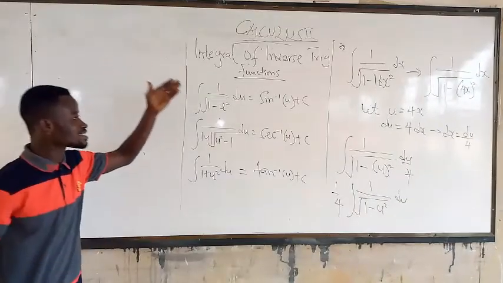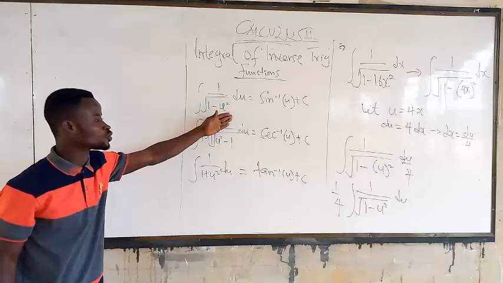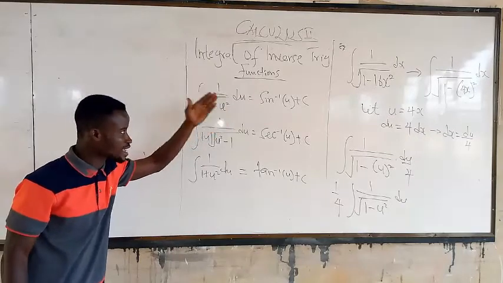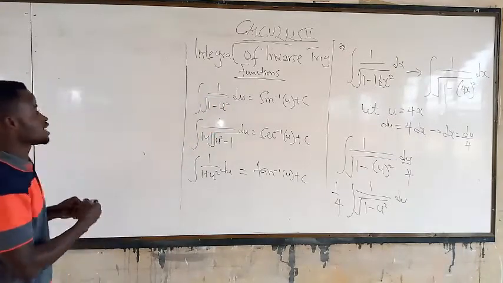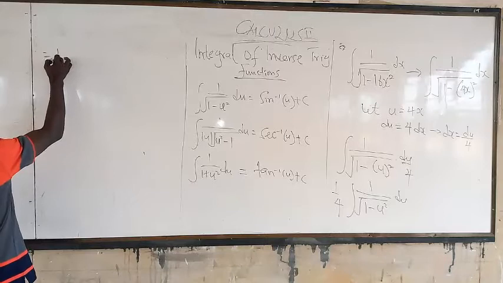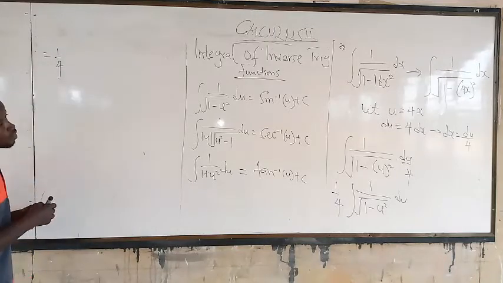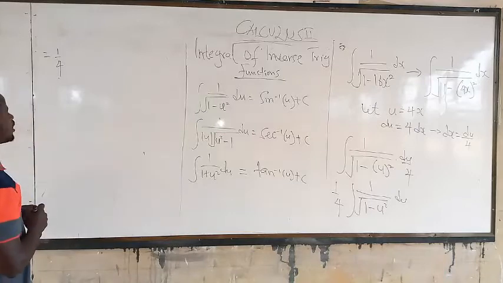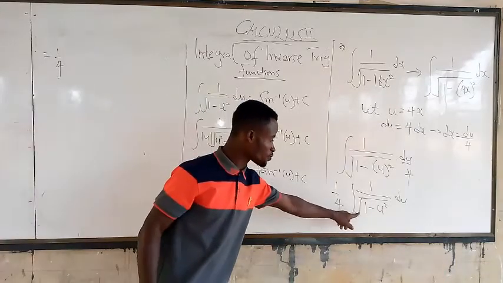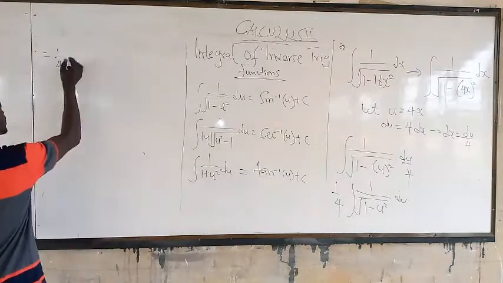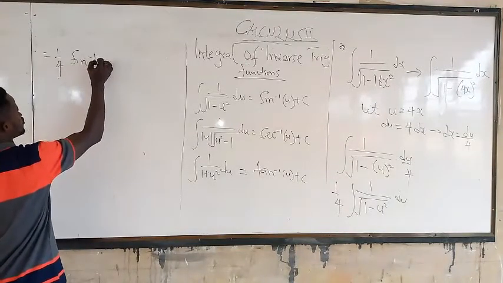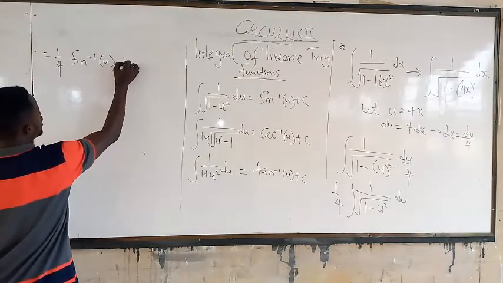Wow! Exactly sine inverse. So we now have it exactly as sine inverse. Therefore, we can say that this will give us 1 over 4, and the integral of this is sine inverse of u plus c.